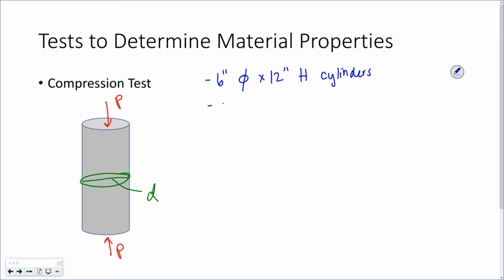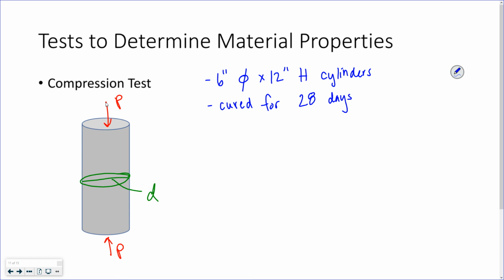We cure them for 28 days, meaning put them in a controlled environment, a controlled temperature, controlled humidity. If you're doing this out in the field, you might also keep a couple cylinders in the field conditions. So you have your lab controlled ones and then your field ones.